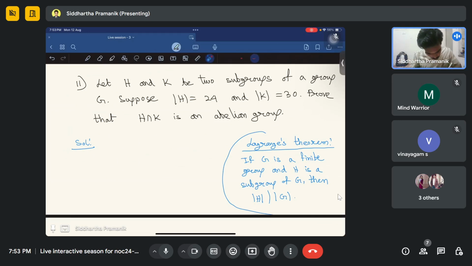The order of H will always divide the order of the main group. So using this, can you solve this one?